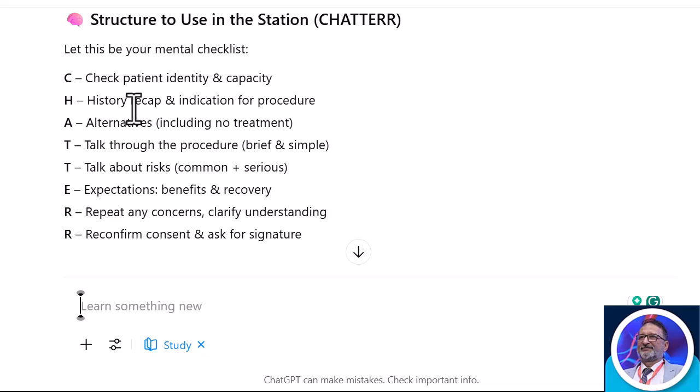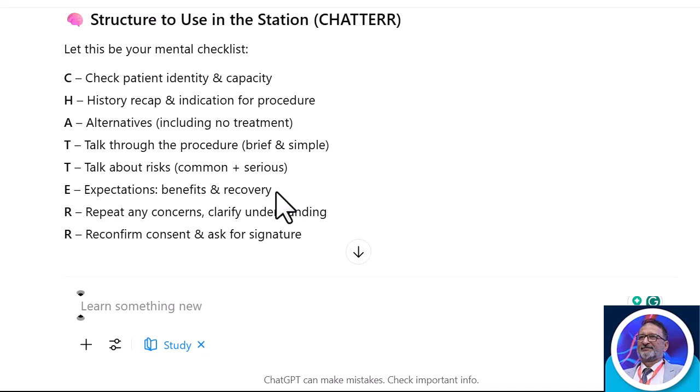Then H for history recap, indicating the procedure: do you suffer from inguinal hernia, I believe? A, alternatives, including no treatment. So if we leave the hernia, you might have complications. Then talk through the procedure and talk about the risks, common and serious, and expectations, benefits, and recovery.